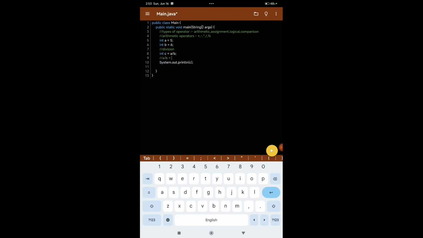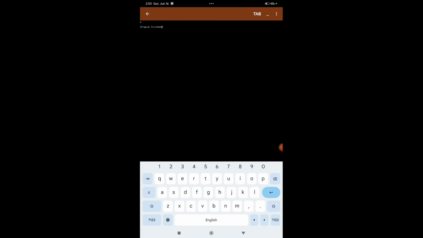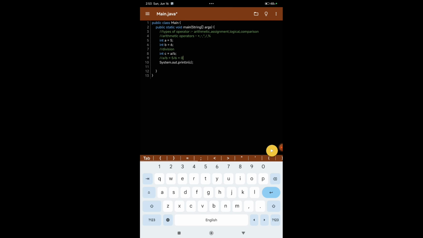So 5 divided by 6 will be 0, but an error may occur. Let's see what happens. 0 is printed. Why is 0 printed?